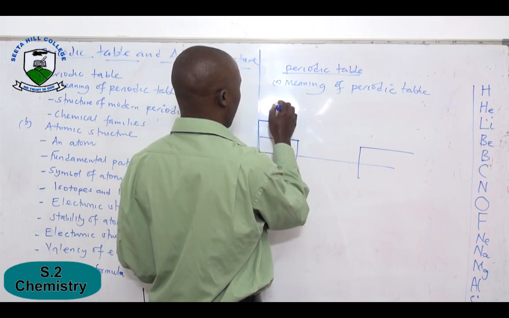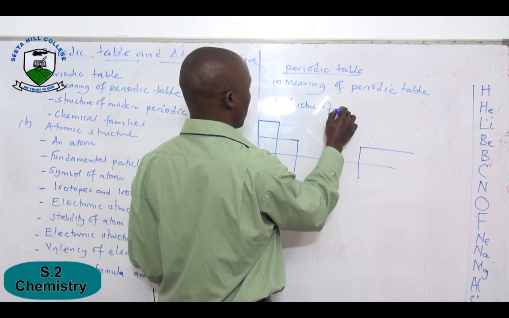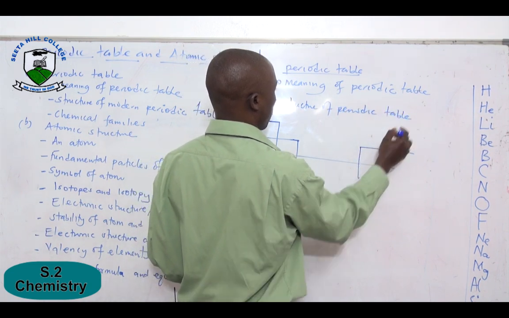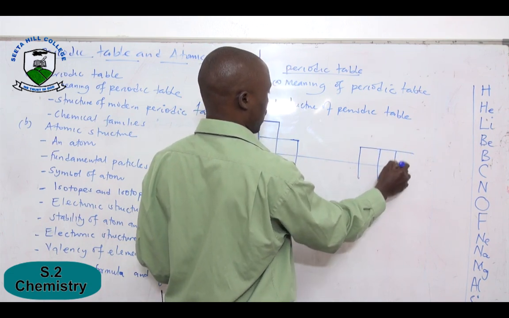That means we are looking at the structure of the periodic table for the first 20 elements.